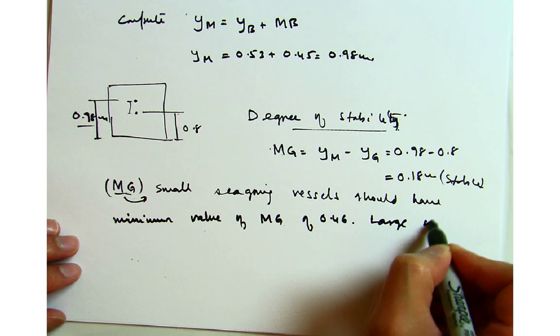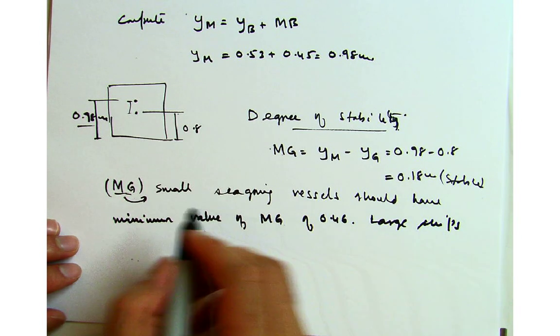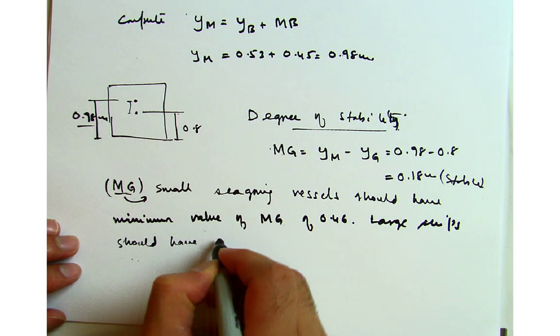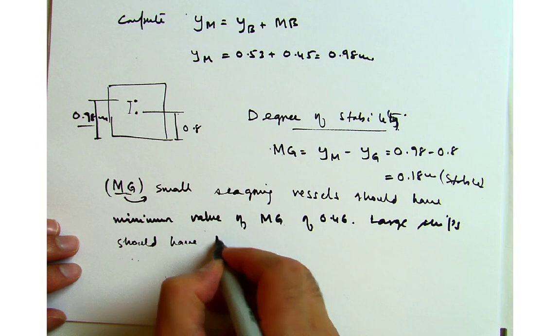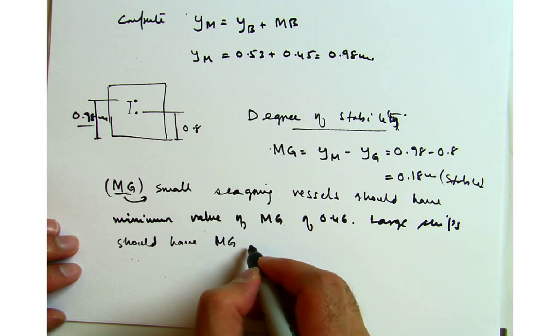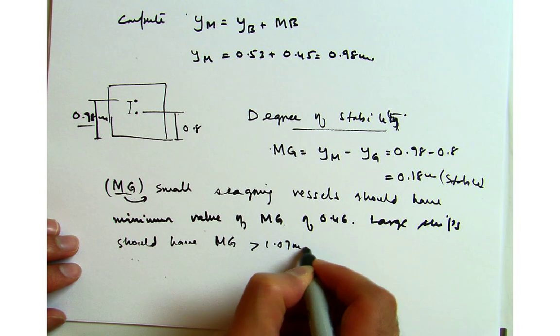Large ships should have MG, or sometimes it's also known as GM, but MG greater than 1.07 meters.